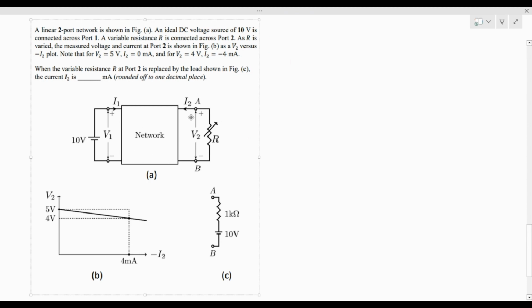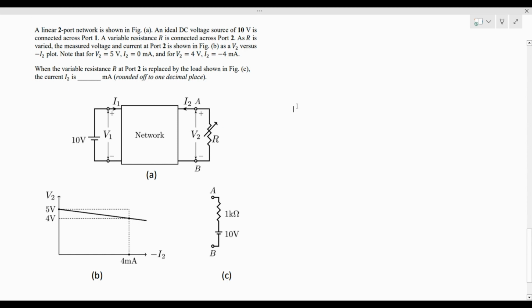We've been given this network, and they say that this resistance R is being varied, and when we vary this resistance R, this is the kind of plot that we get. They ask us to compute what the current I2 would be if I replace this resistance R with this kind of a terminal, that is a 1 kilo ohm with 10 volts connected to it.